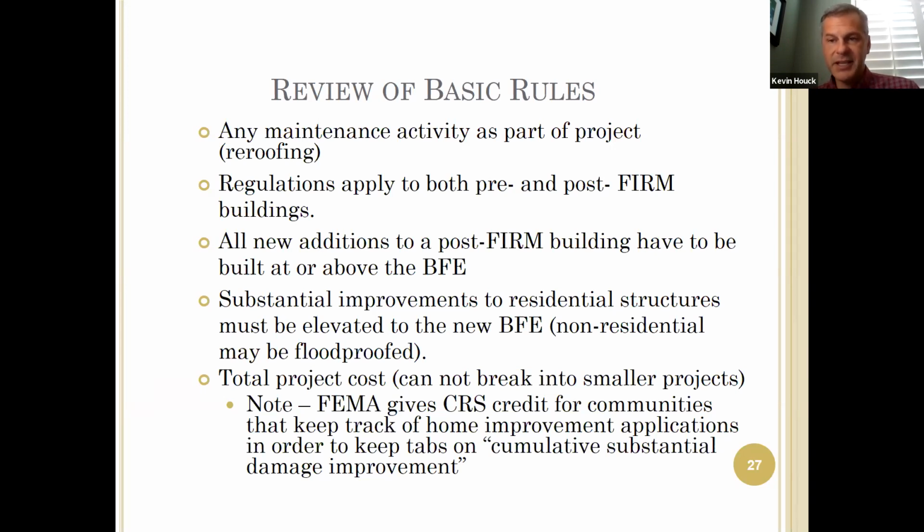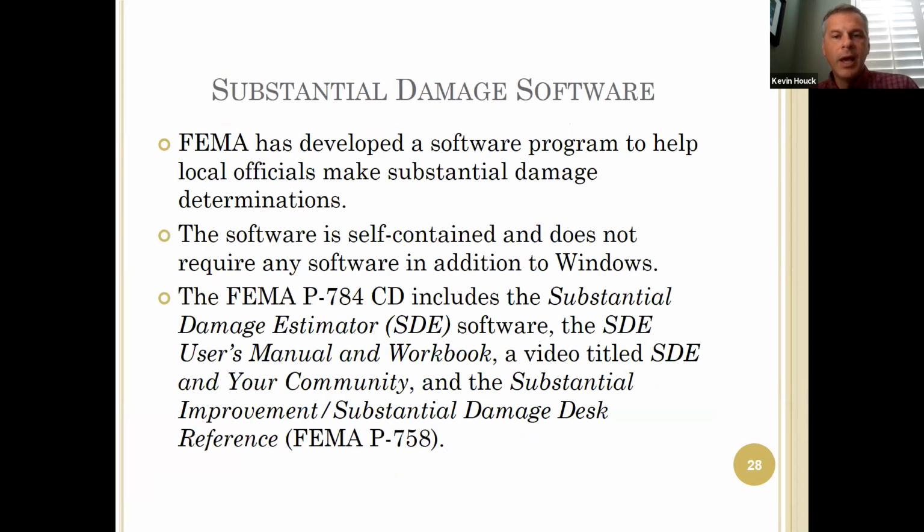And if it does exceed 50% as a suite of projects, then it does trigger the cumulative or the substantial requirements. Again, that is a voluntary community decision. I think it's a great idea personally, but the NFIP minimums do not require it, but you do get Community Rating System credit as the community if you decide to employ that.